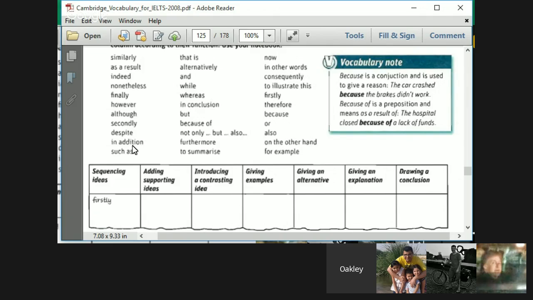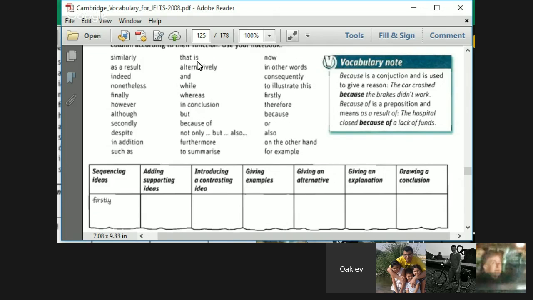Absolutely. Michael, in addition. As in supporting ideas? Solidly, yes. Great. Nasser, such as. Such as, giving examples. Absolutely, every time. Such as, for example, for instance. These are all used to introduce an example.